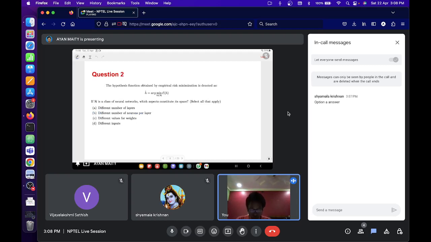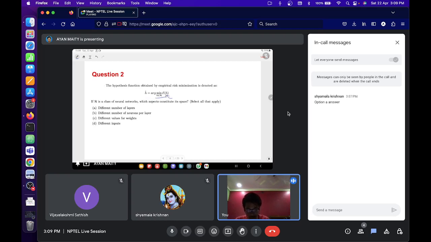Now question 2. The hypothesis function obtained by empirical risk minimization is denoted by this expression: h hat equals argmin epsilon h, h belongs to capital H. Epsilon h is the empirical risk or empirical error, and h is the hypothesis.